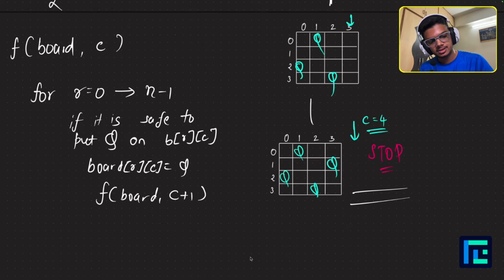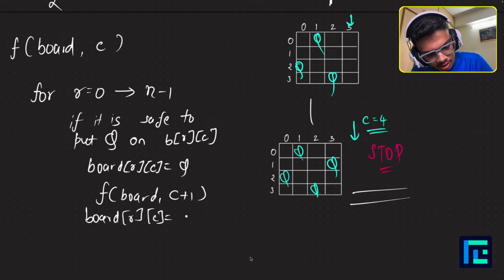When you come back, that is, once you've considered all the possible ways after putting the queen on this row of the 0th column, you have to backtrack. That is, you have to reset this to the earlier part, the empty part, right? The dot was representing empty, right? So this step might be confusing, but it should not be.